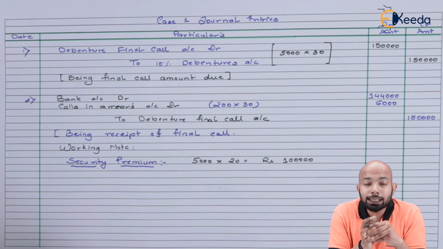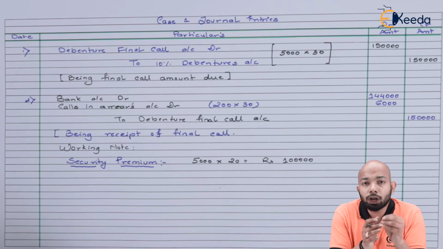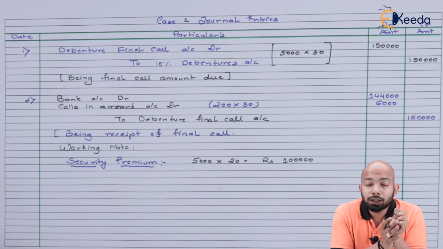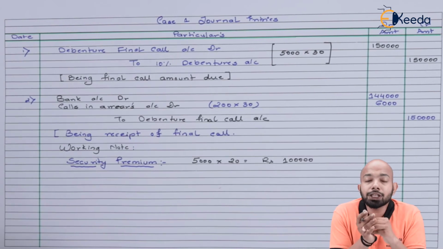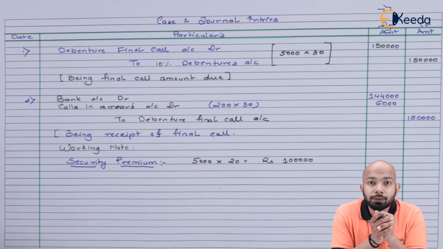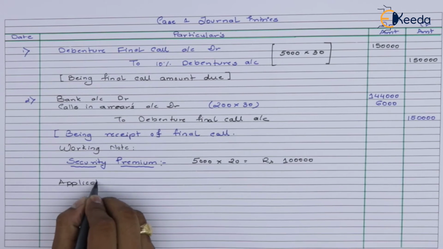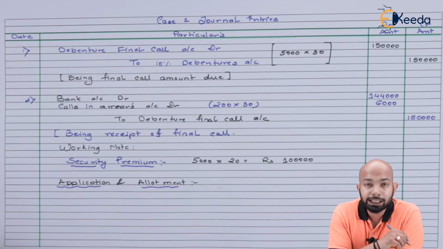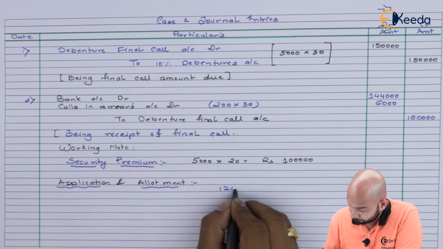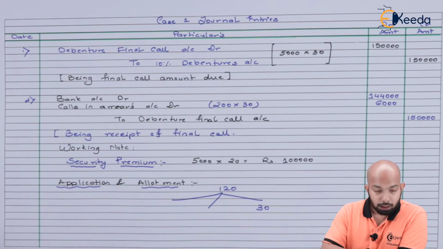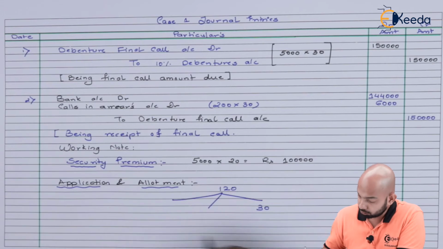Now, the next thing is to figure out the application amount and the allotment amount, rather, application balance and allotment balance. So let's mention that as well. Before we go ahead to that, let's do a certain calculation which will give us how much is the application and allotment total money value that we have to take into consideration. So the total value here is 120 rupees. ₹30 refers to final call.